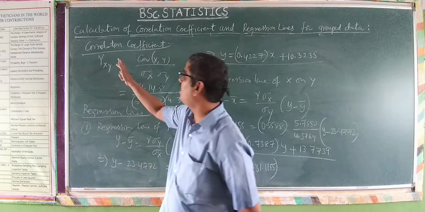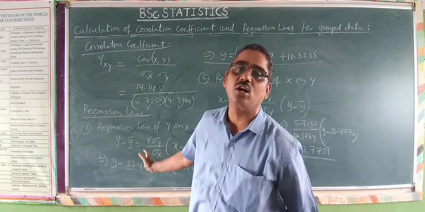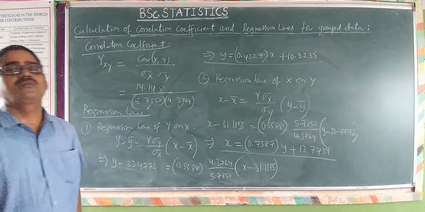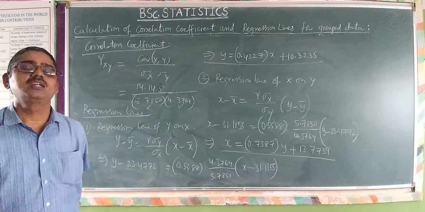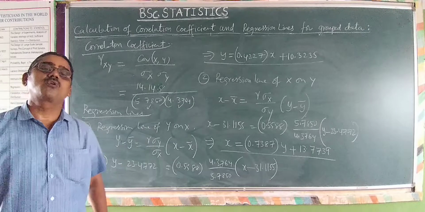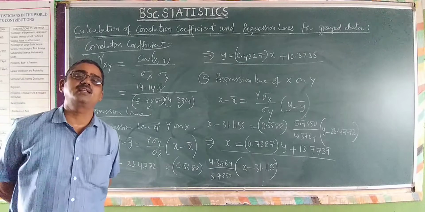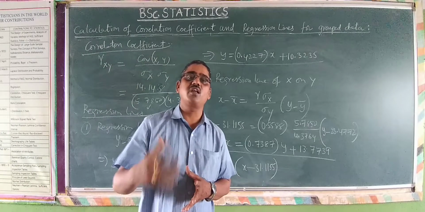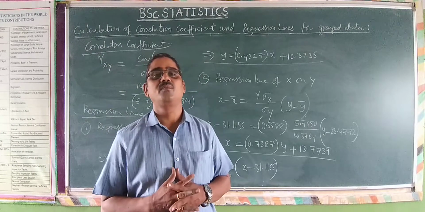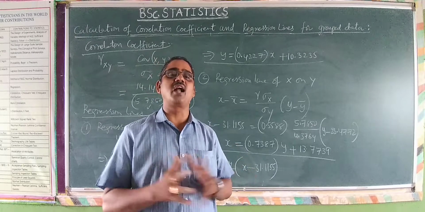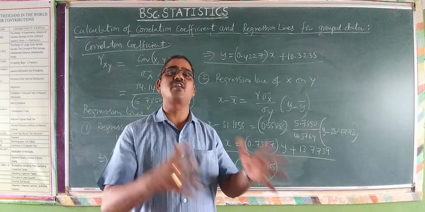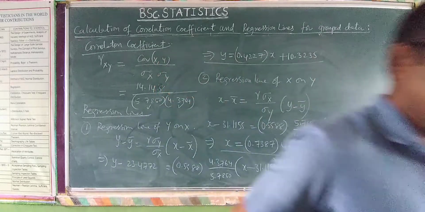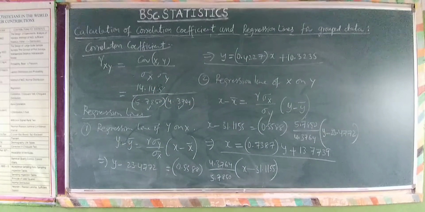The correlation coefficient formula you know, and similarly for the regression lines use the formulas and then calculate in this fashion. Fine, I hope you understand. This is the calculation of the correlation coefficient and regression lines for a grouped frequency distribution, bivariate data, a bivariate grouped frequency distribution. This is simply called grouped data for bivariate frequency data. Thank you.